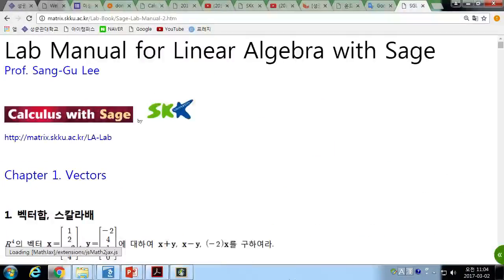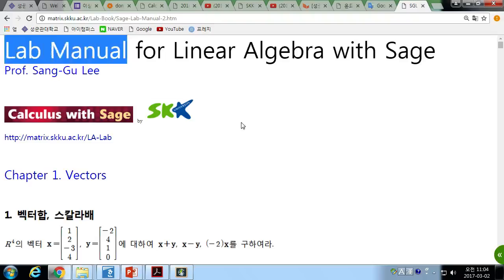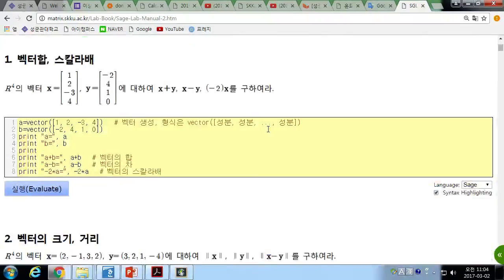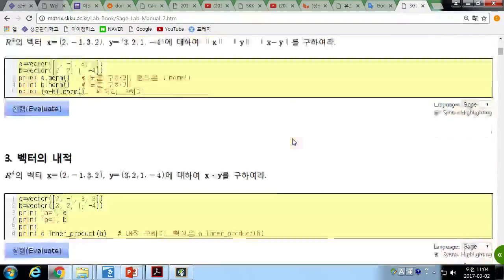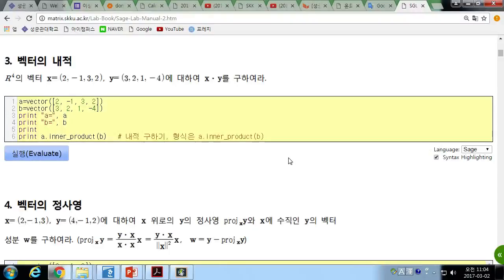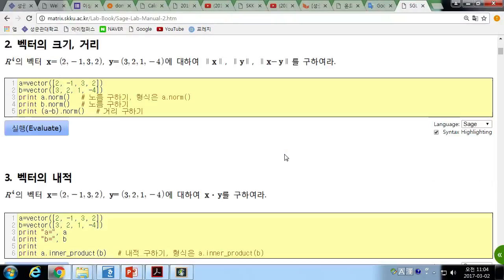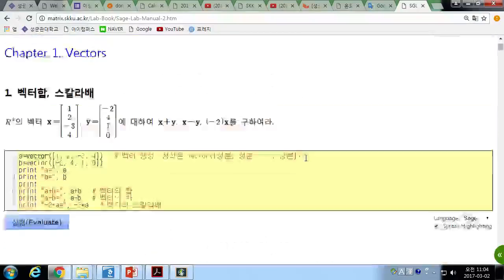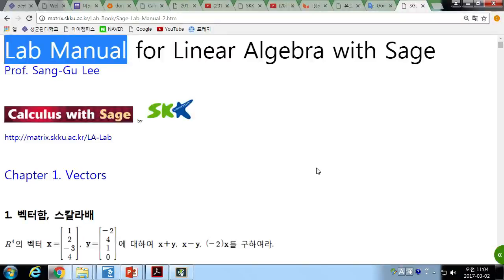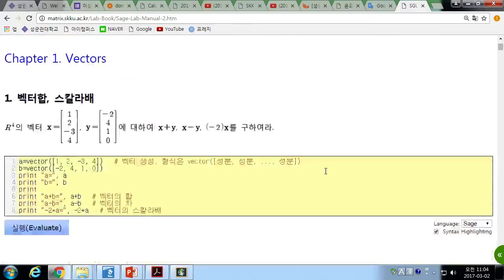Next, this is content I have developed for you. I call it the lab manual. This covers all the contents from chapter 1 to chapter 10. These are the things that you have to know and be able to manage by the end of this semester.